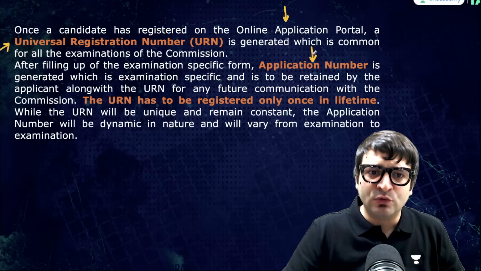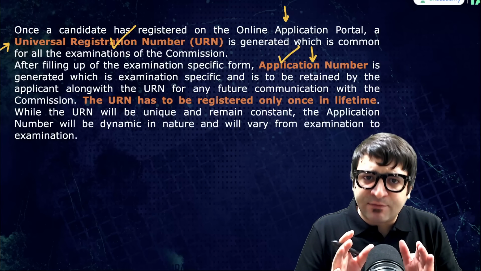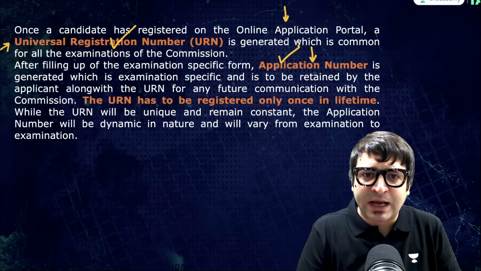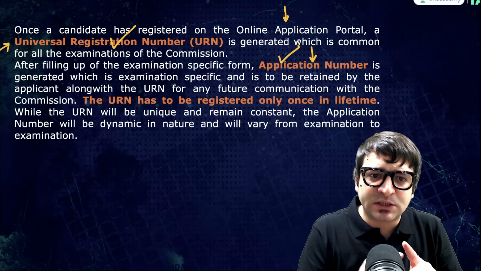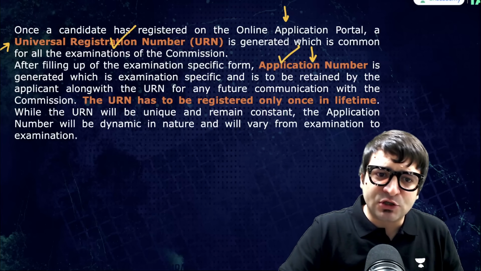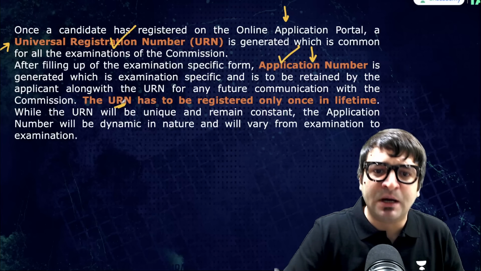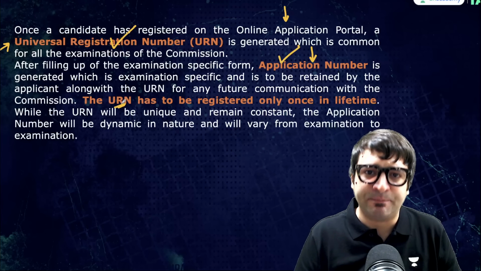You have to retain this URN and application number, because in future communication with the UPSC, you will have to cite them. But this universal registration number has to be registered only once in the lifetime.